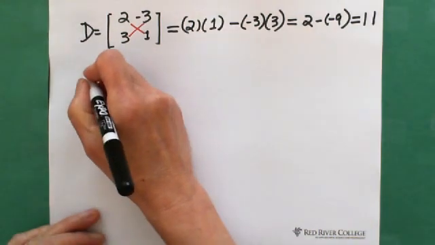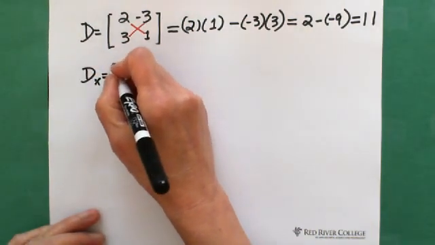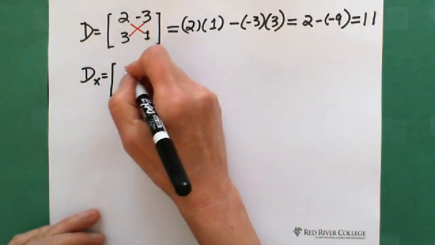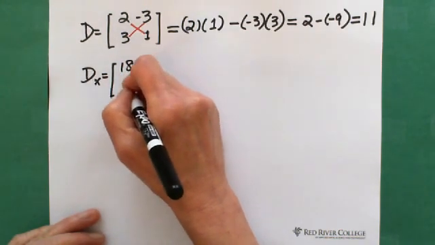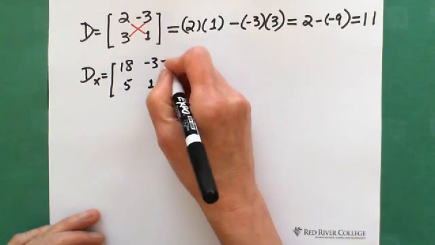Then you calculate the determinant x, which has 18, 5, negative 3, and 1.